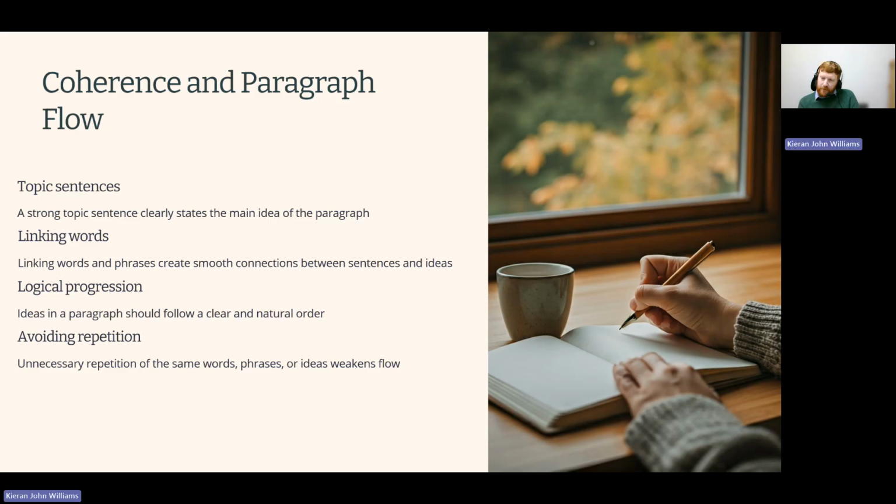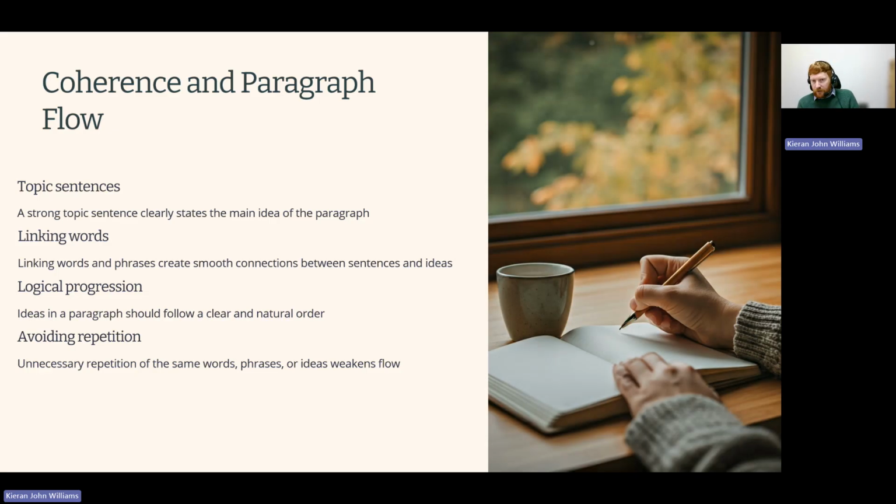If you've had a look at our other videos here, you would notice that strong paragraphs should always include a clear topic sentence. A sentence which specifically tells you what the topic of the paragraph is. Okay? So we should always have a clear topic sentence. We should have logical progression, linking words, minimal repetition, etc. Okay.